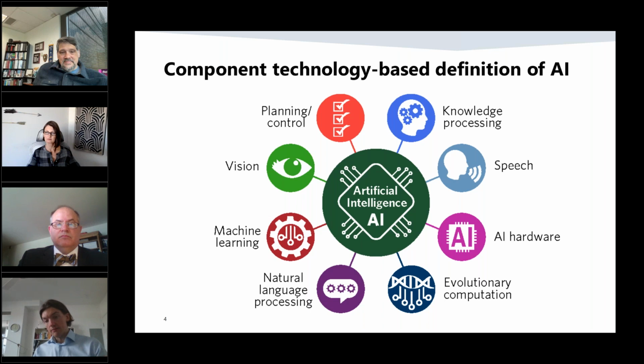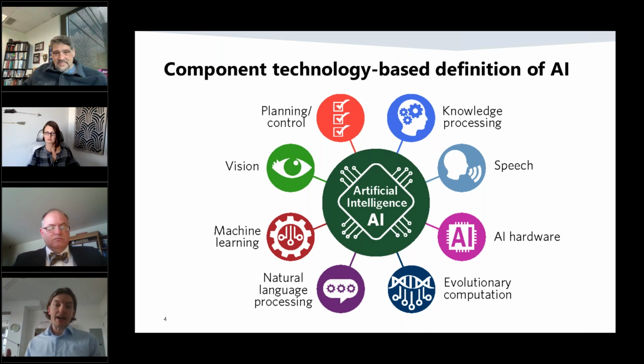But this is our definition, and the approach that we built classifies patent documents along each one of these components, right? We'll primarily talk about you're either AI or not AI, but keep in mind that we have the data there. That's are you speech, are you not speech, for each one of these technology components.